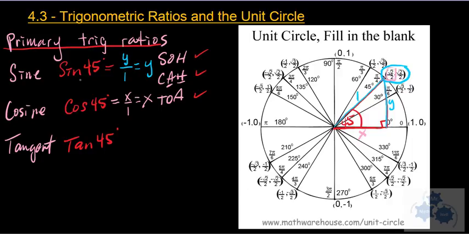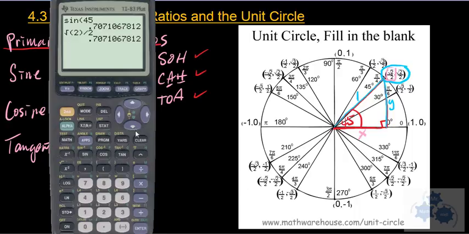So cos of 45 should be the same as sine of 45. I don't know, is that even possible? Let's give it a check here. Cos 45 is 0.7071.